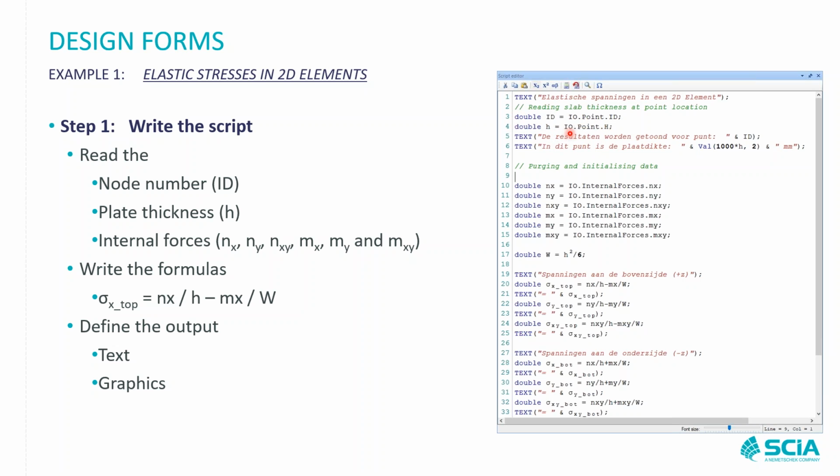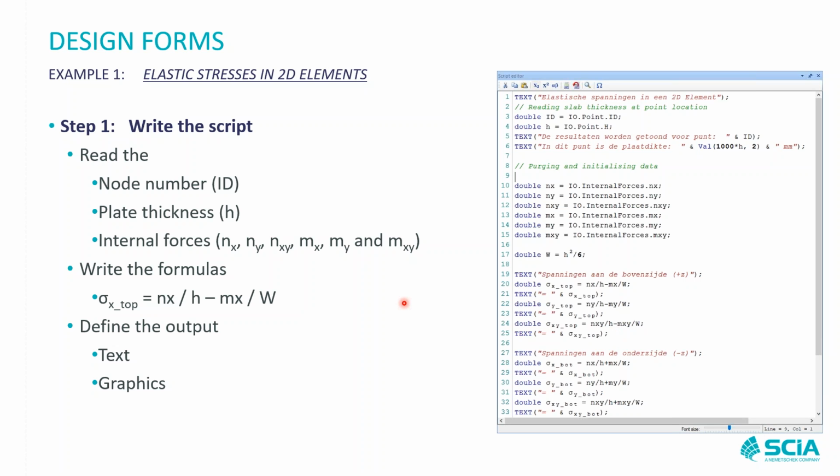And also we will read the thickness of the plate, because we are now doing a calculation on a 2D element, the thickness of the plate in that point. And then we will read internal forces, IO internal force, and X and Y, and so forth. So we will read all those things. And when this is done, we will start calculating W equals H squared divided by 6. And then we will write some formulas for the stresses.